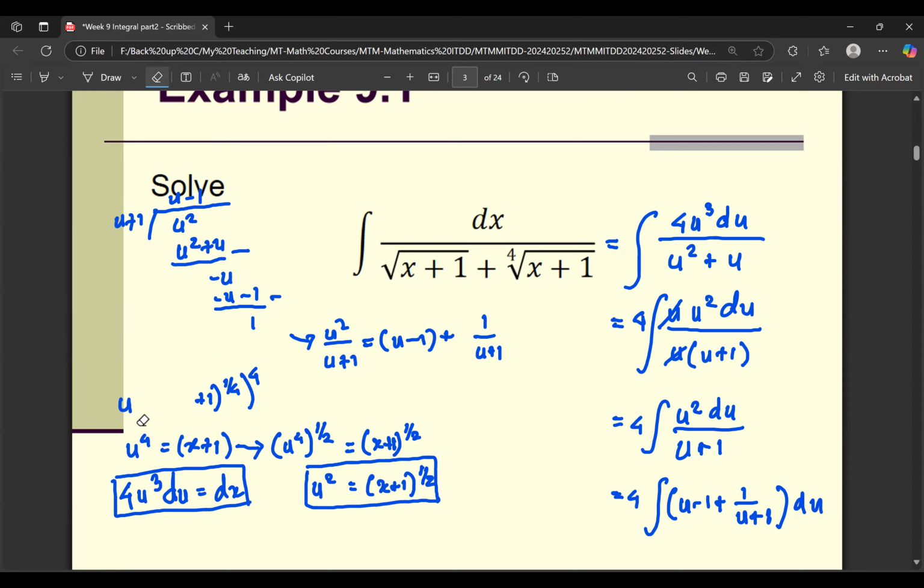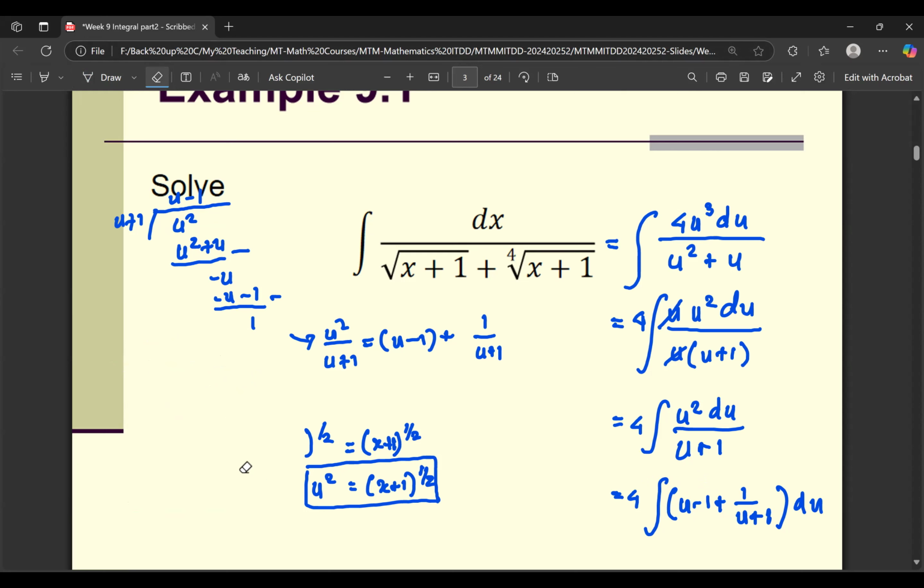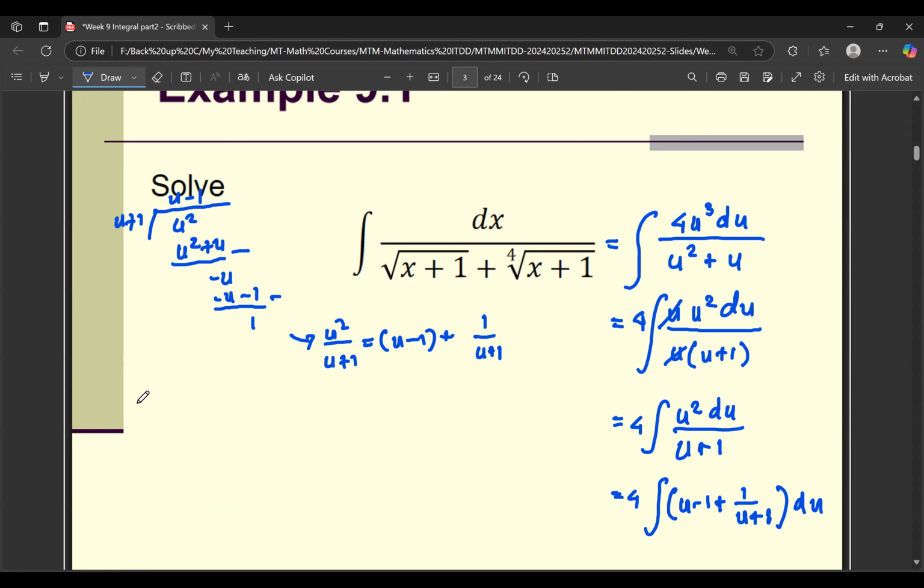Okay. Now we integrate them to get the result.